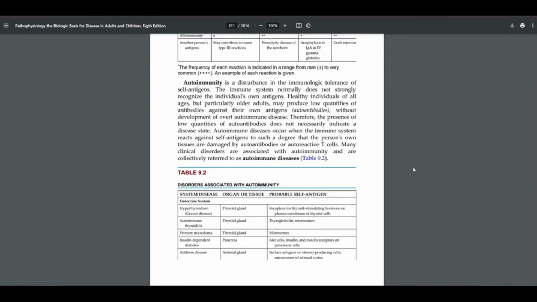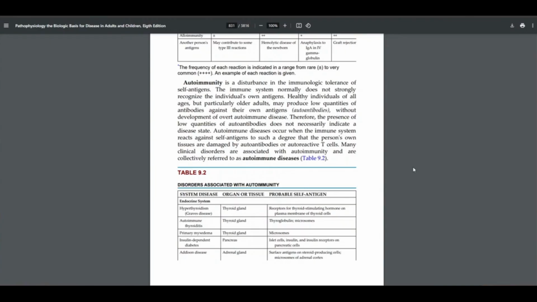Autoimmunity is a disturbance in the immunologic tolerance of self-antigens. The immune system normally does not strongly recognize the individual's own antigens. Healthy individuals of all ages, but particularly older adults, may produce low quantities of antibodies against their own antigens, autoantibodies, without development of overt autoimmune disease.